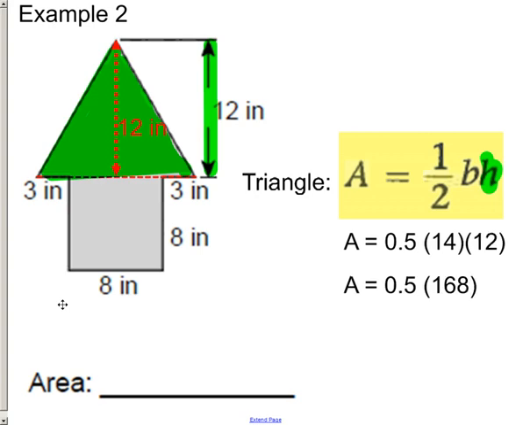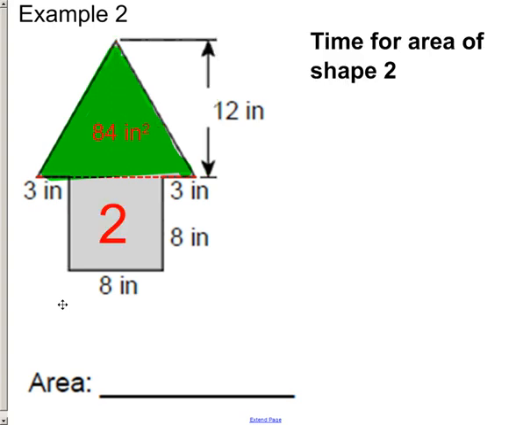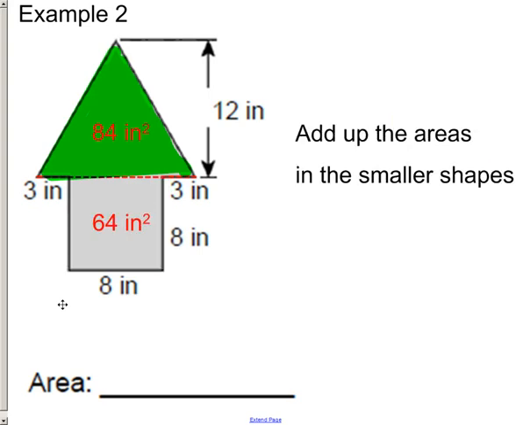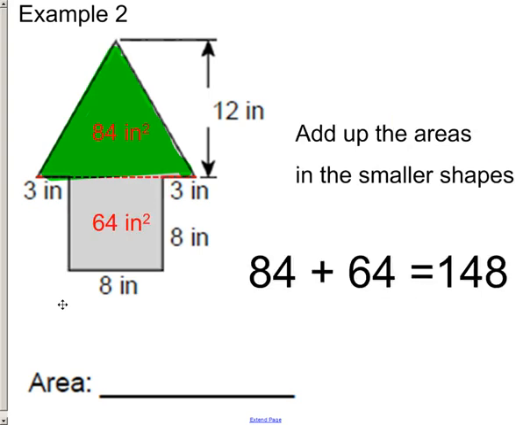Go through, work out the formula, and we find that that triangle has an area of 84 square inches. Parallelogram for the bottom, shape 2, that gray parallelogram, that would be an 8 by 8, and so we'd have 64 inches squared. Add up the smaller areas, we'd have 148 inches squared.